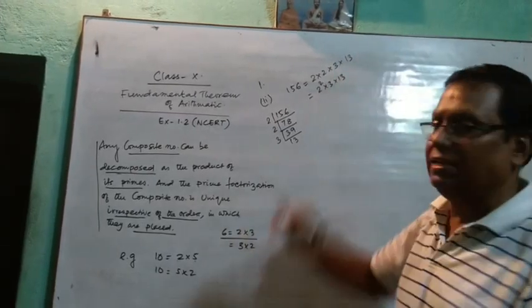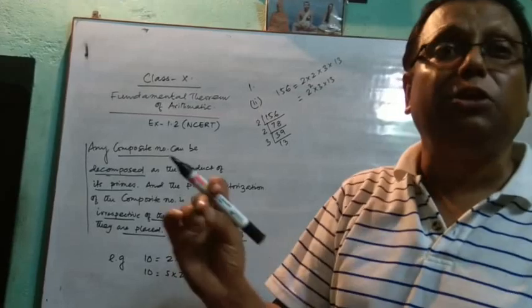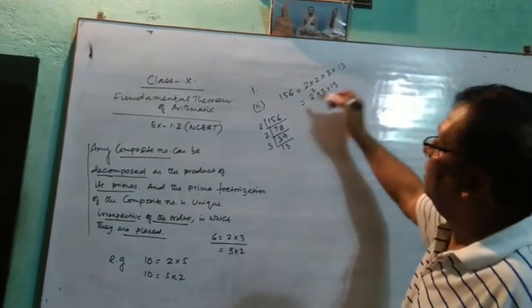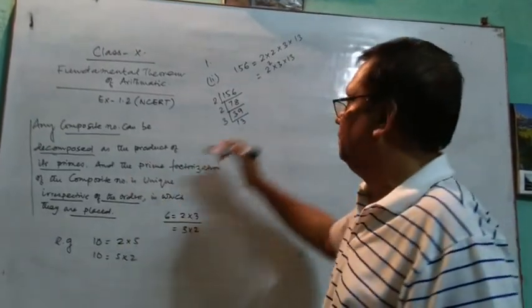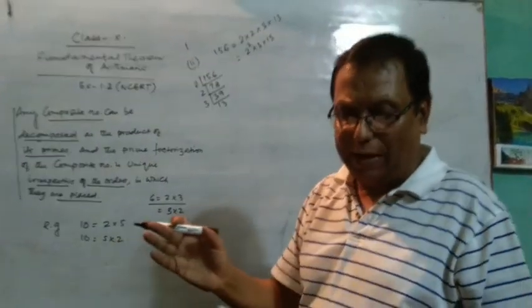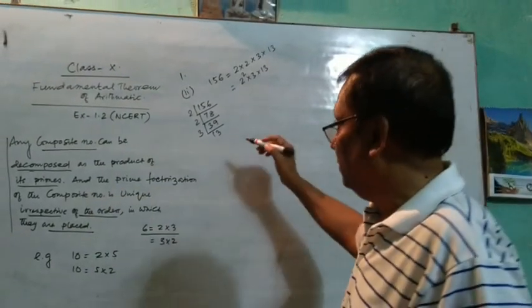And this prime factorization of the composite number 156 is unique. Whether you write 13 first or 3 first, 2 square last, immaterial. So in this way, there are 5 questions given. You can solve them by yourself.